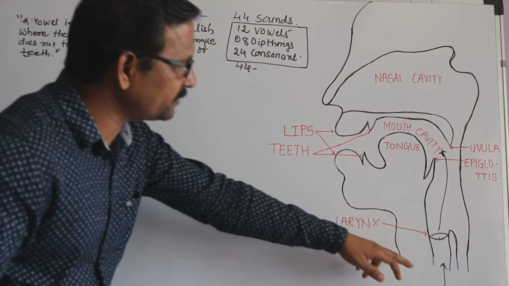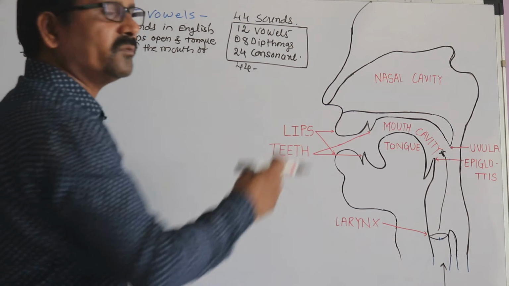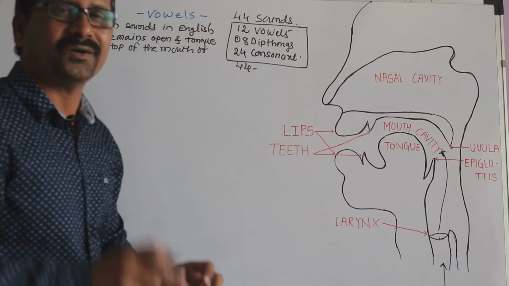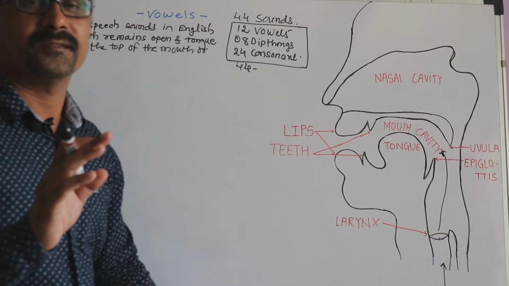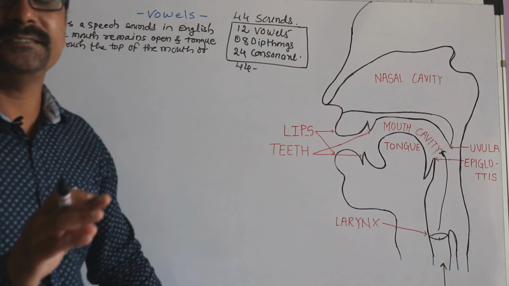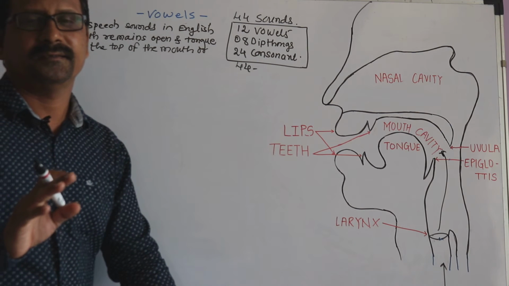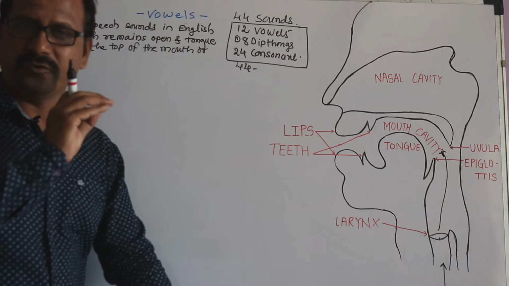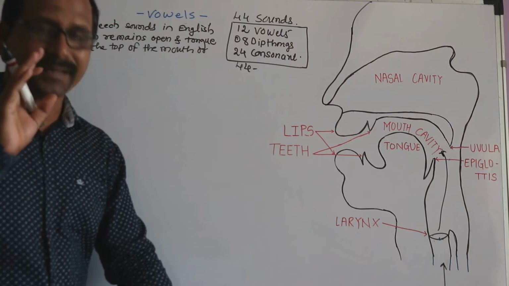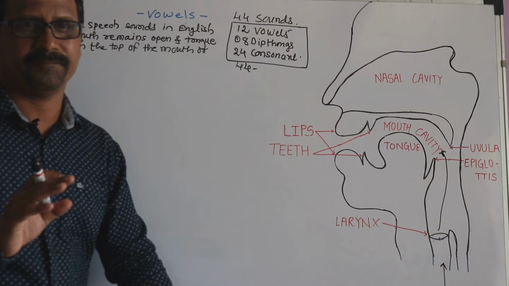So the air comes vibrating the vocal cord into the mouth, and it goes out of the mouth, and all these sounds are vowel sounds. It means that there is no closure, there is no friction, there is no closure of the air passage or narrowing of the passage.